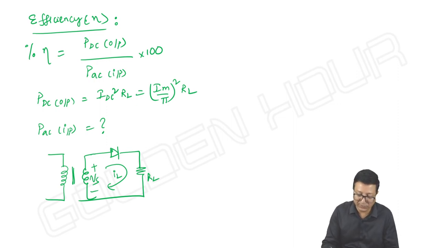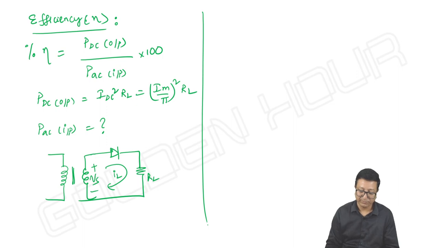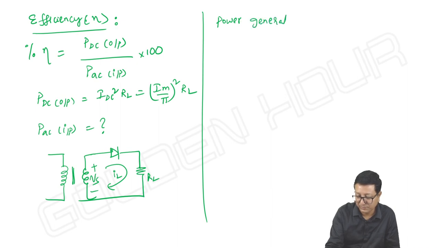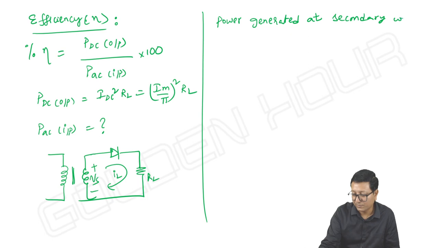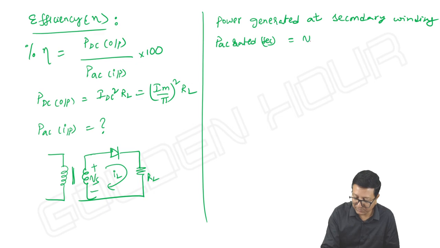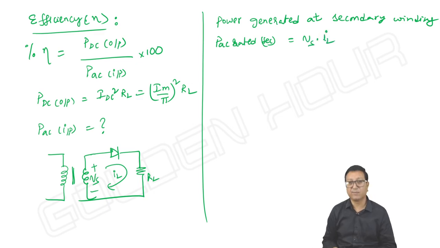Power generated across secondary winding, or P AC rated secondary, I can say secondary power. It is nothing but Vs into IL. I can write it.